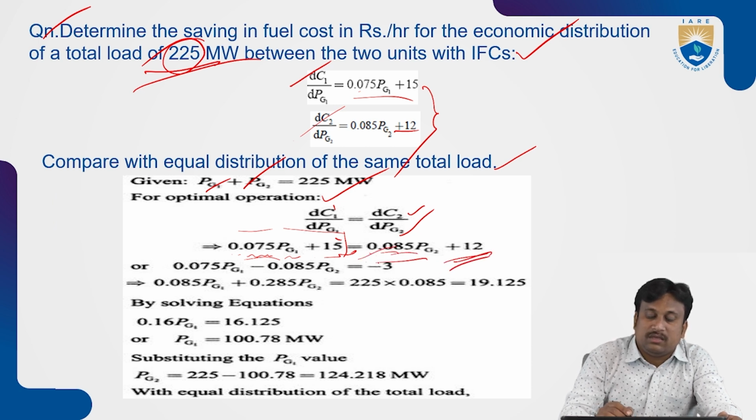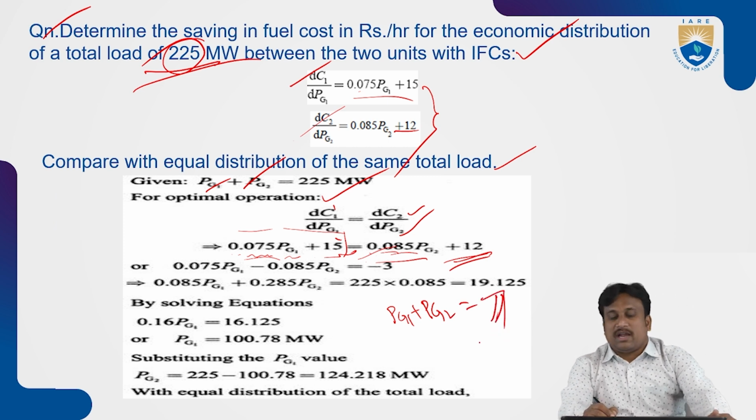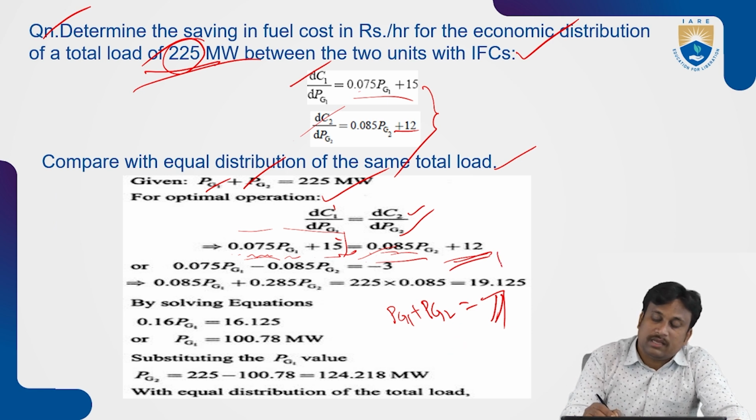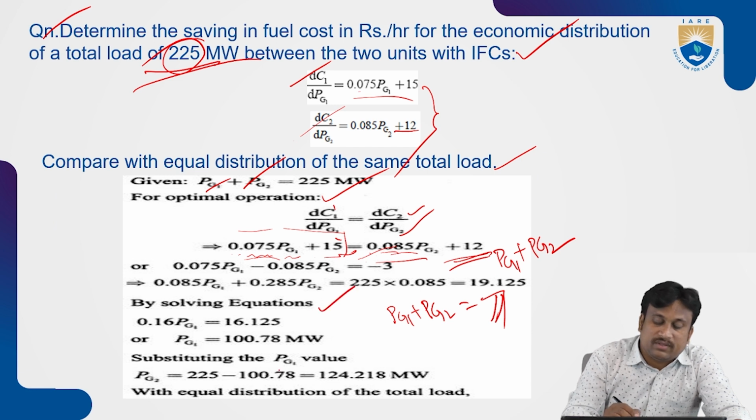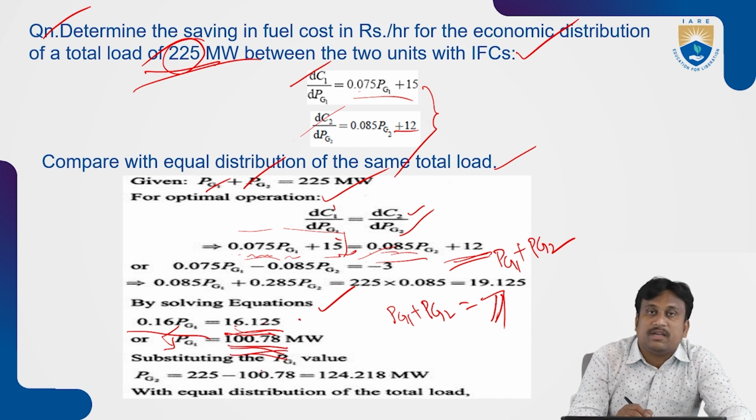Now equating these two, you obtain the total generating power relation PG1 plus PG2 is 19.125. Solving these expressions, you get 0.16 PG1 equals 16.125. So PG1 is 16.125 divided by 0.16, that is 100.78 megawatts.